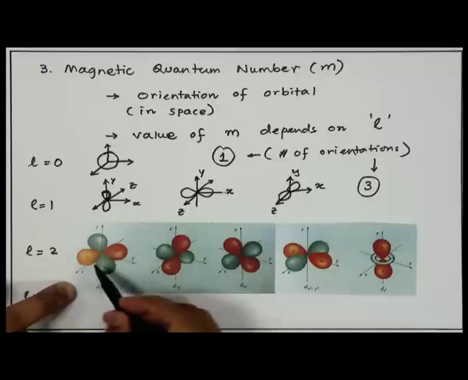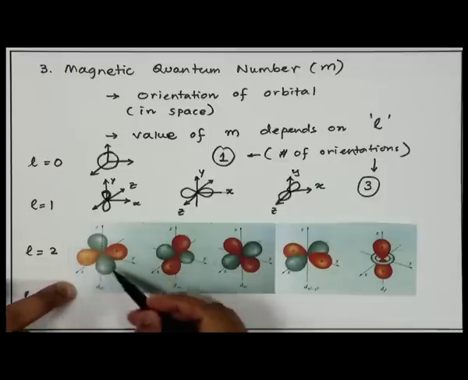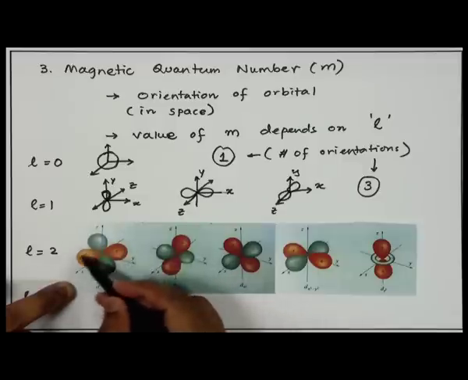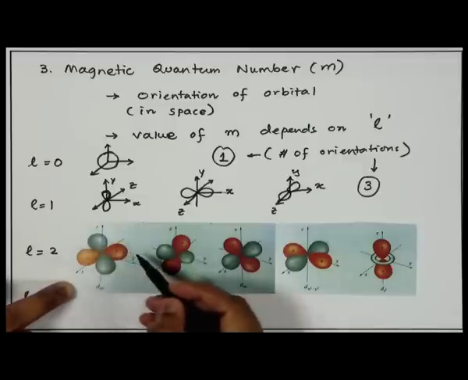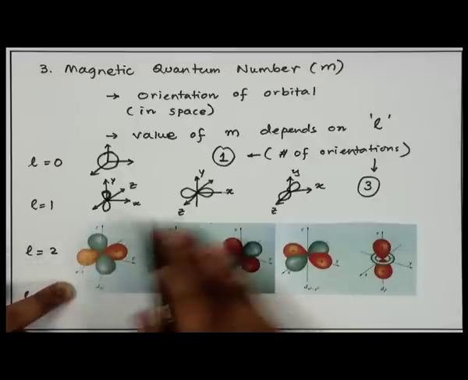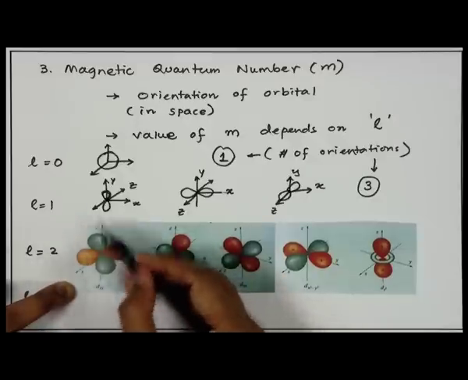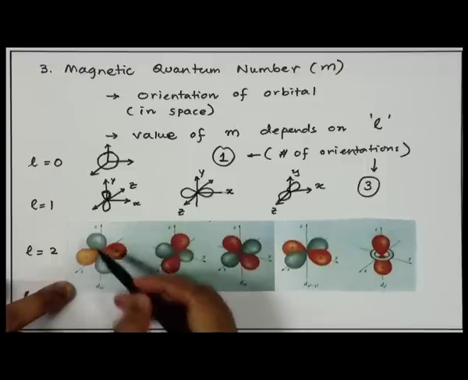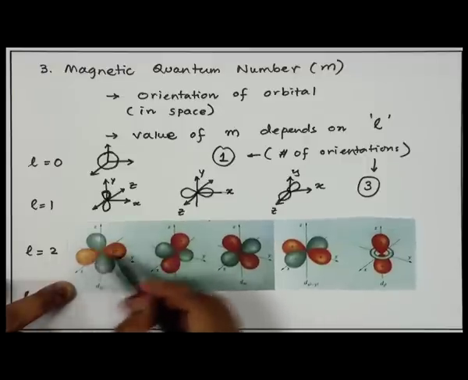So, you see that in this picture the two dumbbells, this is one dumbbell in silver color, another in orange color. Both the dumbbells are actually on the xy plane. So, z is coming out of the plane of paper, and these dumbbells are actually on the xy plane.